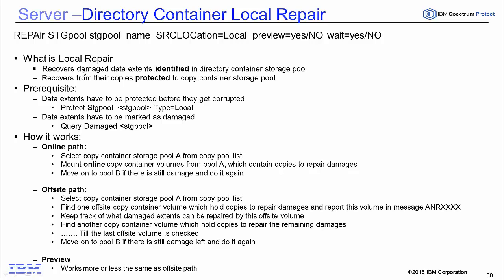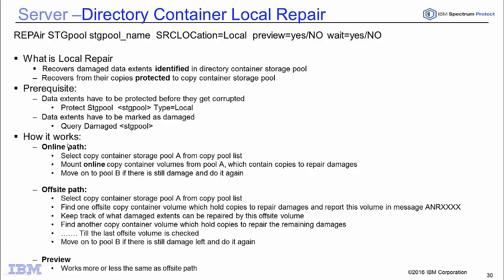Local repair goes out and recovers the damaged extents on your directory container storage pool from your tape copy. So the prerequisite for using this is that the data extents have been backed up to the tape, and that would be with the protect storage pool command, type equals local, and that the data extents have been marked as damaged. And you can check that by doing the query damaged command.